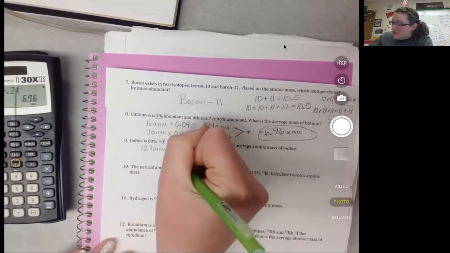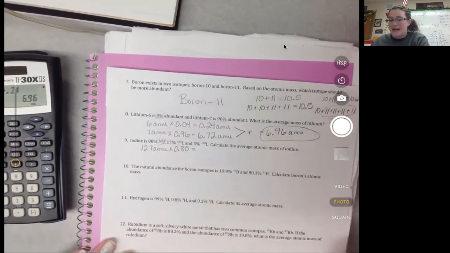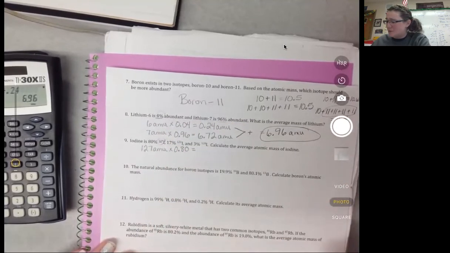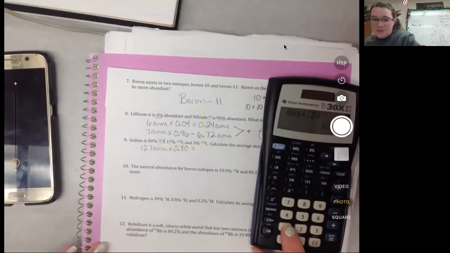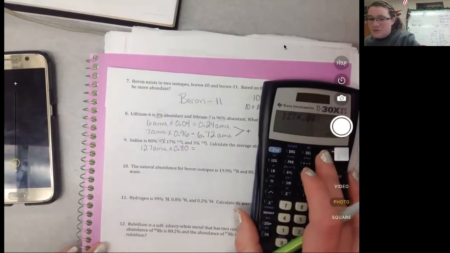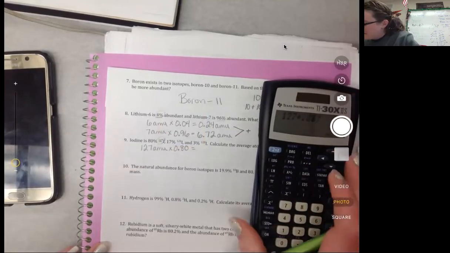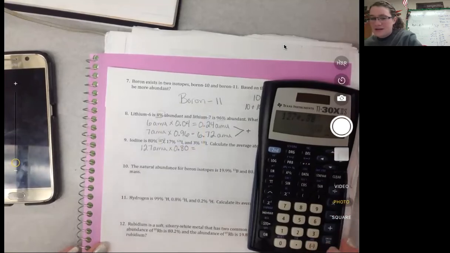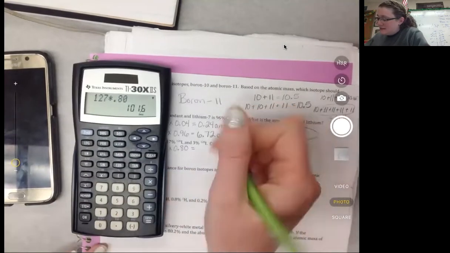We see this 80% of the time, and 80% as a decimal is 0.80. Again, I'm going to work that out and find the mass. So 127 times 0.8, and I see the mass is 101.6 AMUs.